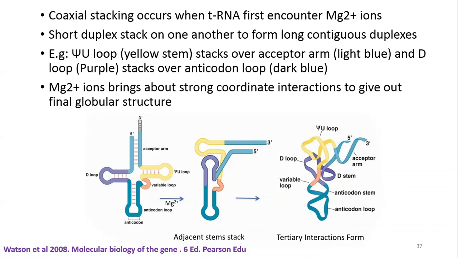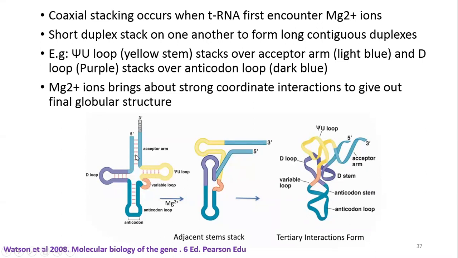How this happens, I will tell you. First, the short duplexes stack on one another to form long, contiguous duplexes. For example, your psi loop, shown over here in yellow color, this particular stem will stack over the acceptor arm.